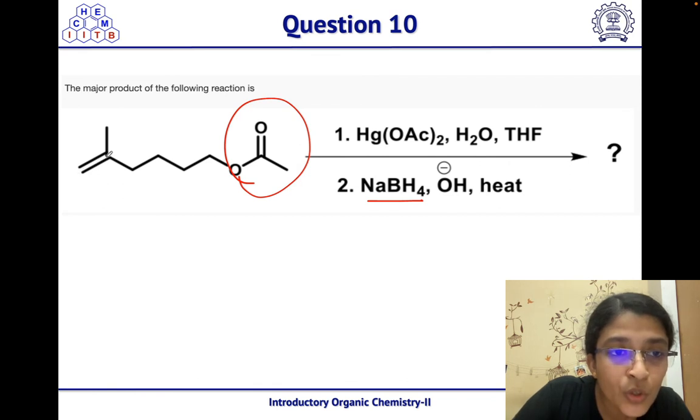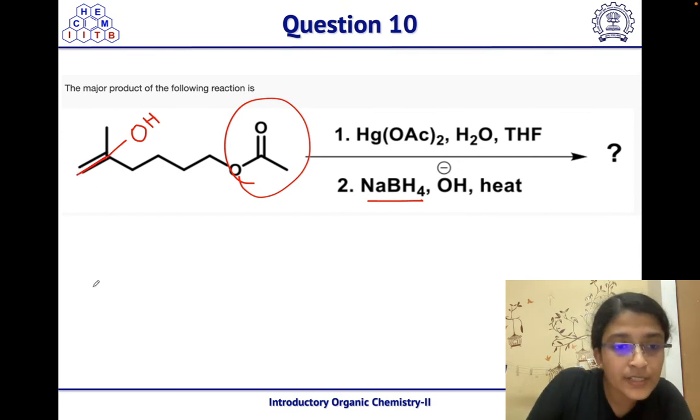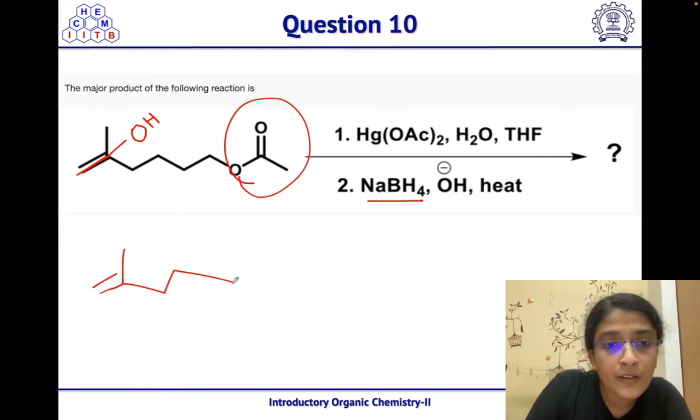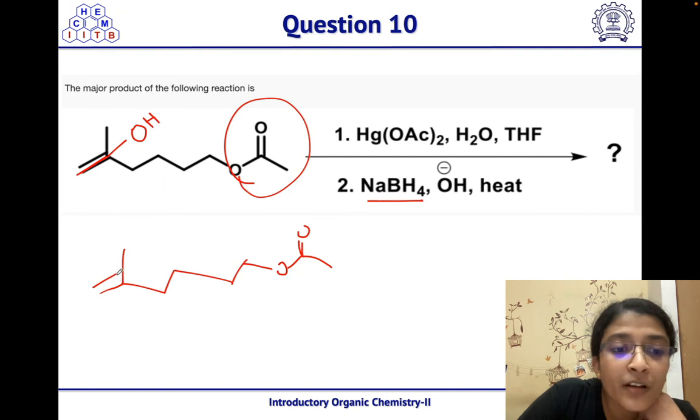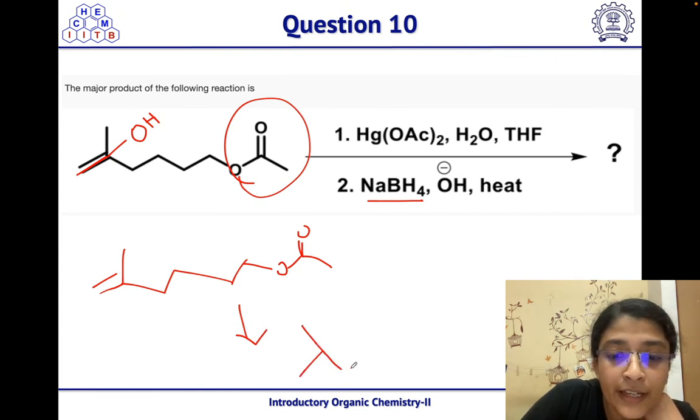Out of these two, alcohol will form on this carbon in case of oxymercuration reduction. This alkene will convert into, see, this double bond, CH2, CH2, O, double bond O, ester. So here, upon oxymercuration reduction, it will lead to formation of a tertiary alcohol like this.